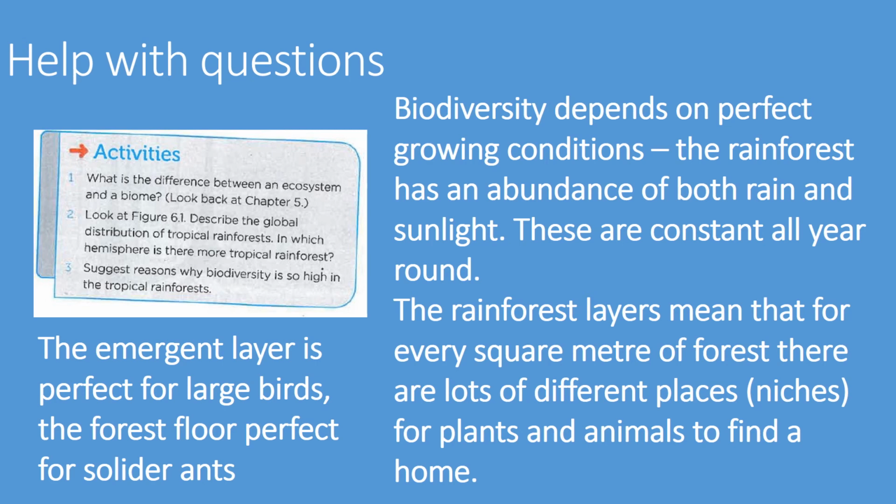Okay. However, if you're just a soldier ant, perfect conditions on the forest floor, lots of things are falling down for you from the trees above, really, really great. Most mammals, and certainly most of the green, is actually in something called the canopy, which we'll talk about more next lesson. So just like floors in a shop, every single layer within that rainforest has different conditions, and they provide the conditions for lots and lots of different plants and animals to survive.